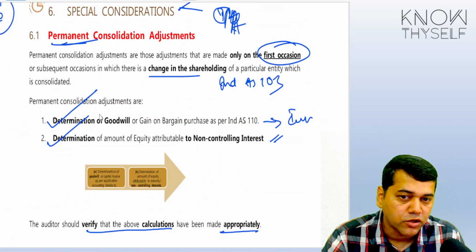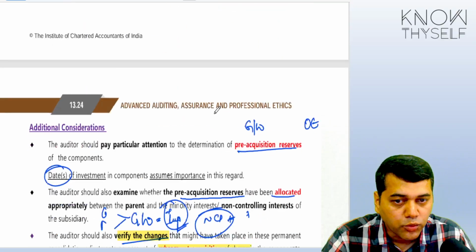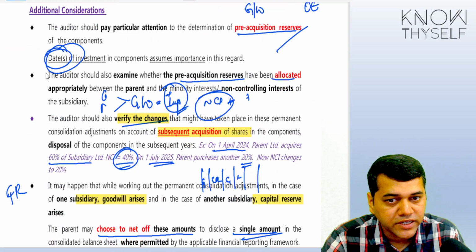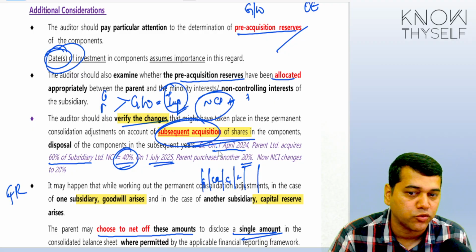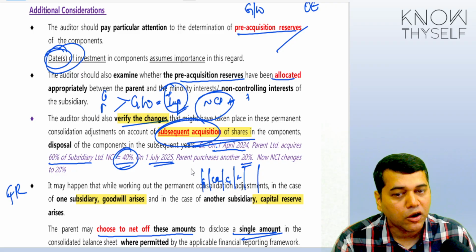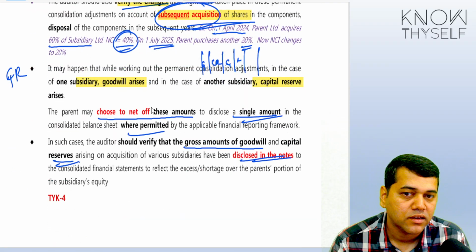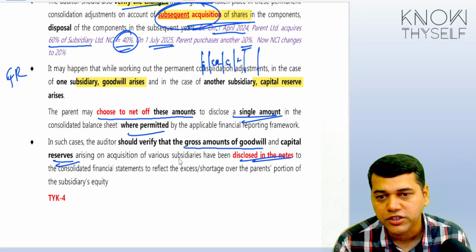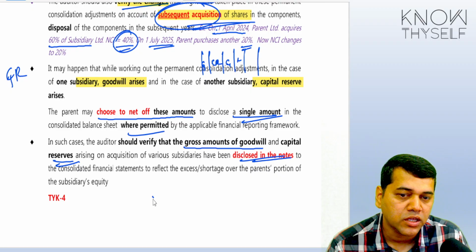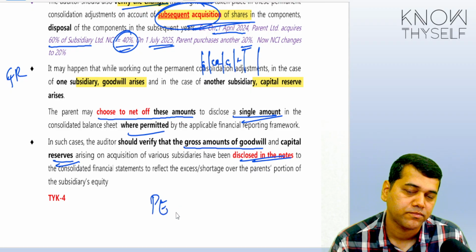So particularly goodwill and NCI. So how it originated based on date and what subsequent changes have happened due to the acquisition of the shares only, and how you have presented it in the balance sheet. Yes, these are all the 3 points you need to keep in mind when you talk about the permanent adjustment.